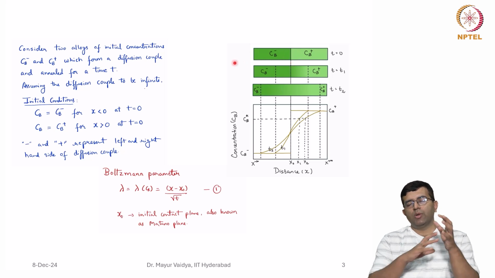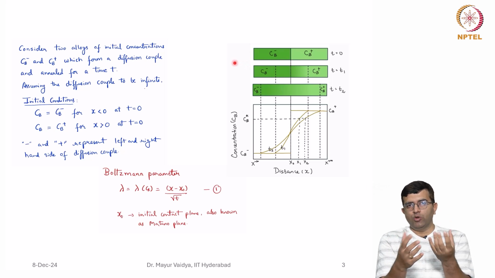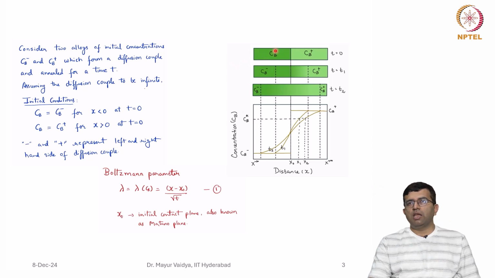Now, you may ask what is so hard about finding this initial contact plane? If you remember the images that we have seen of the interdiffusion zone, the interface is visible in a micrograph only at the beginning. After the diffusion has taken place, you cannot tell where the initial contact plane was located.